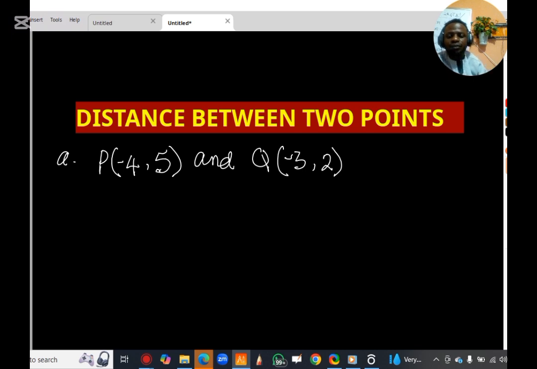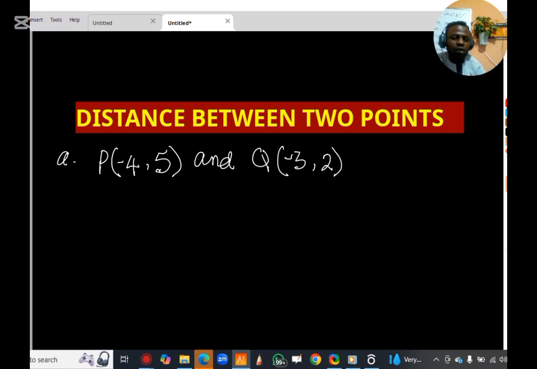First one says distance between P and Q, where P is on coordinates minus 4, 5, and Q is on coordinates minus 3, 2. So let's kick off.